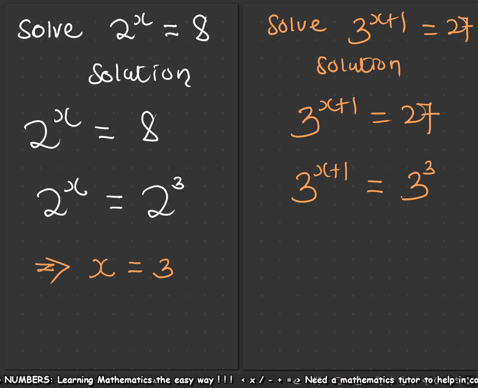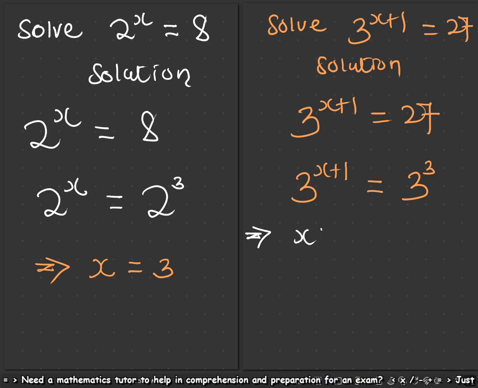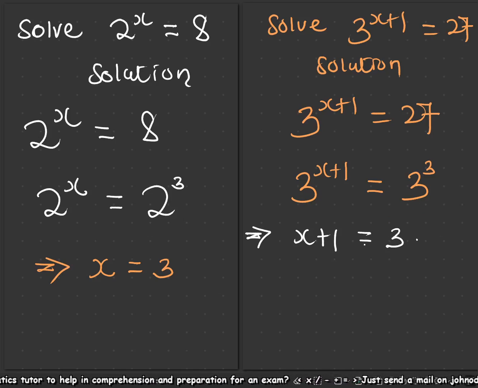Now at this stage, we equate the exponents. Since the bases are the same, it implies that x plus 1 is also equal to 3. At this stage, all you want to do is make x the subject.